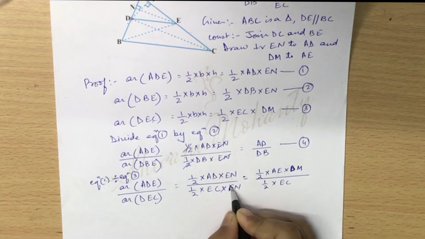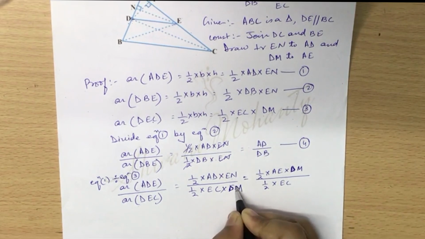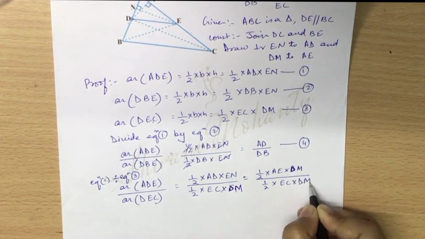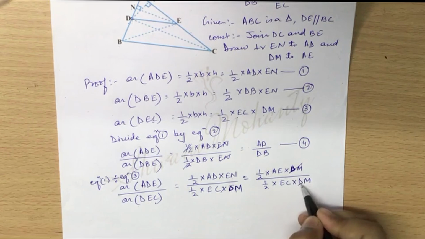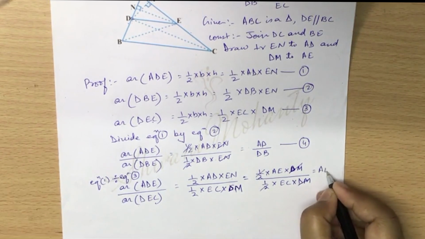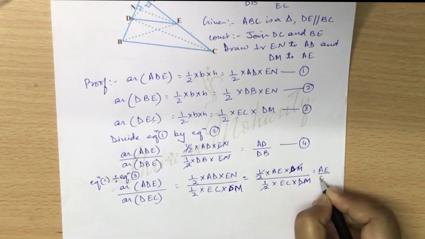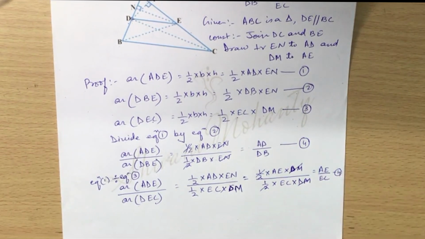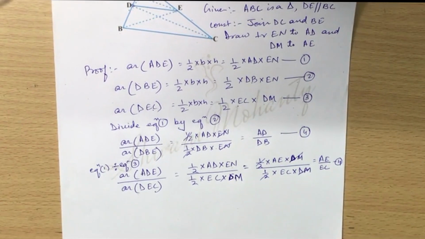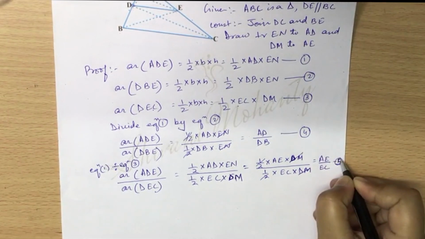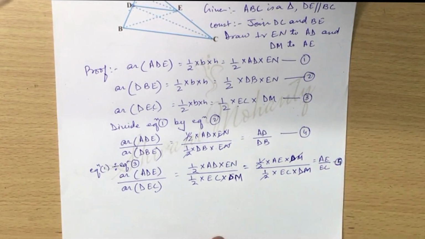Okay, so DM gets cancelled, half gets cancelled. So what do you get? You get AE by EC. Name it as equation number 4. Sorry, this is 4 already, so I can name it as equation number 5.